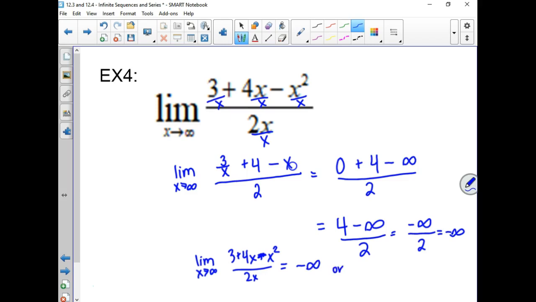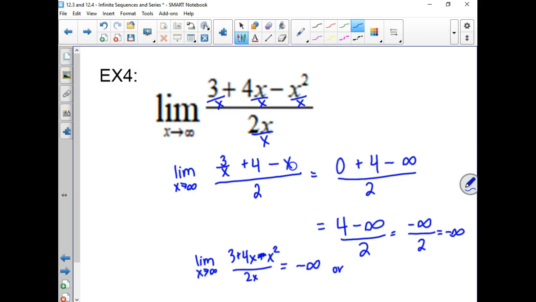Now, earlier Dylan asked the question about how can infinity be a limit? Negative infinity is not a limit, right? You're not going to go down the highway and see a speed limit sign that says speed limit negative infinity, right? So negative infinity is what this approaches. This means that this equation just gets more and more negative without bound forever. But that's not really a limit because infinity is not a limit.